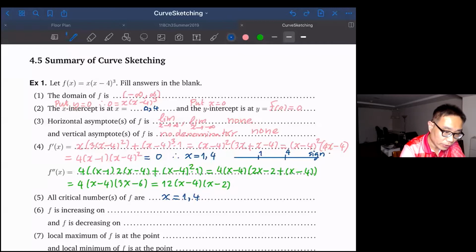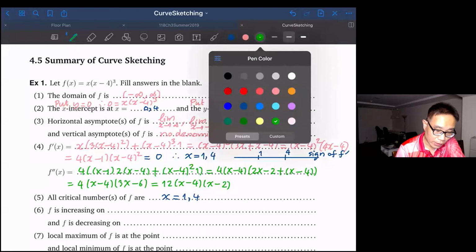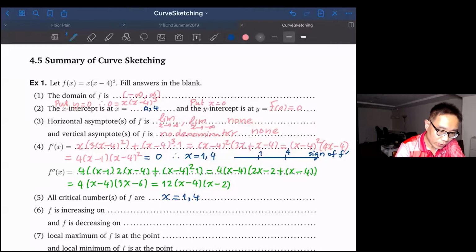For the sign of f prime, you put a number in each interval. In the first interval, you take x equal to 5. If you plug in x equal to 5, it's going to be positive, giving you the positive sign in the first interval.